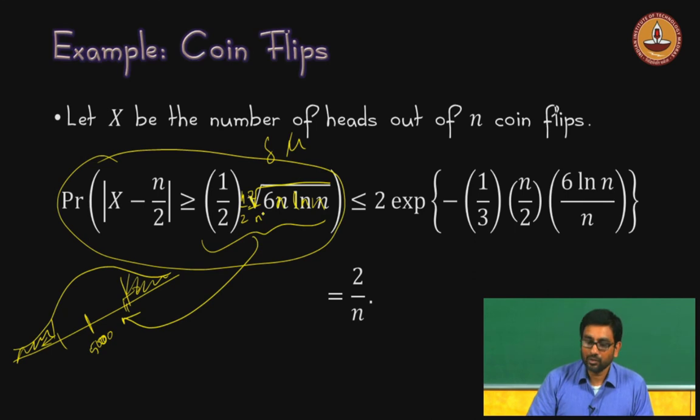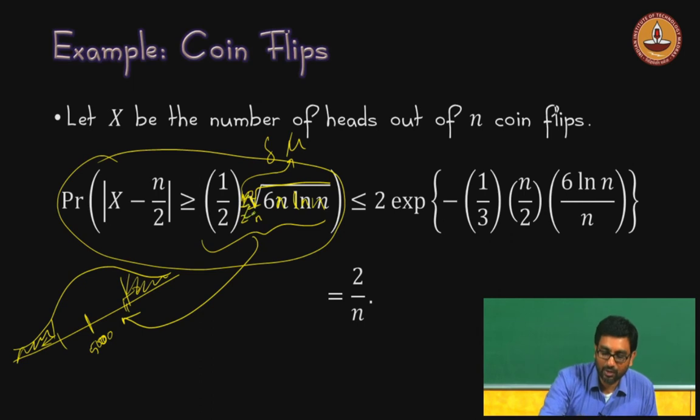Let me write that a little bit more carefully. Over here what you do is you multiply by n over 2 and you also multiply by 2 over n. This n over 2 is nothing but your mu.